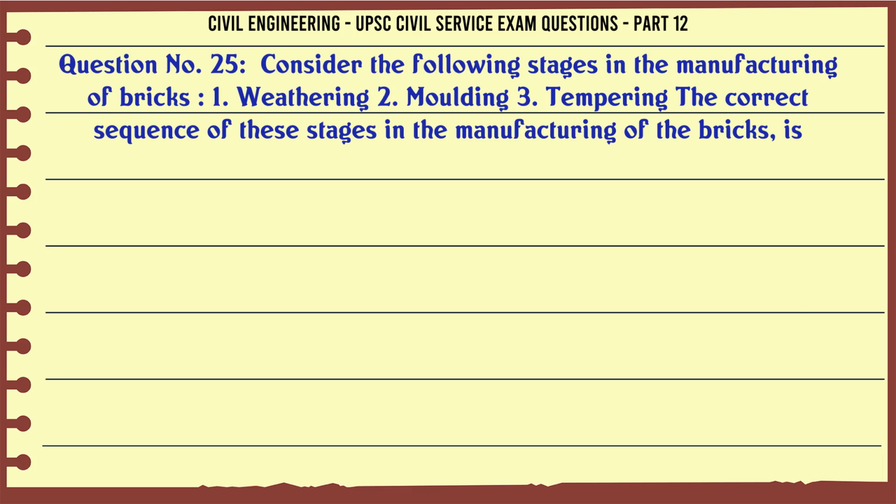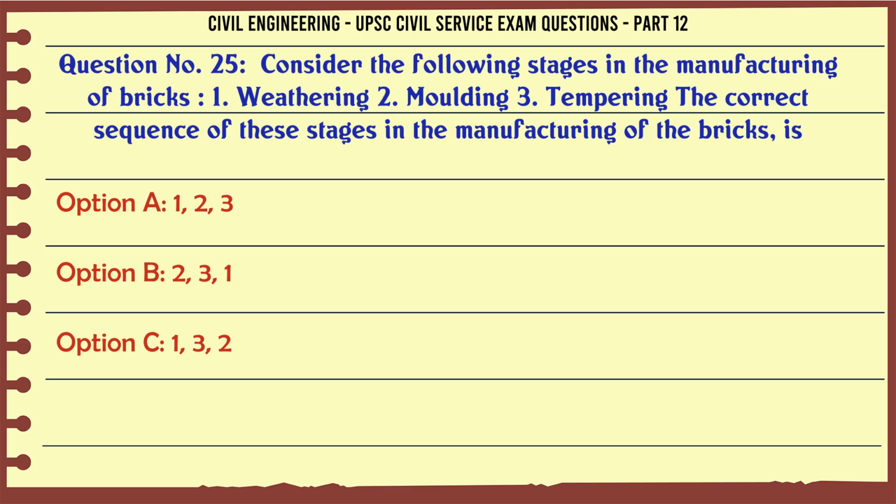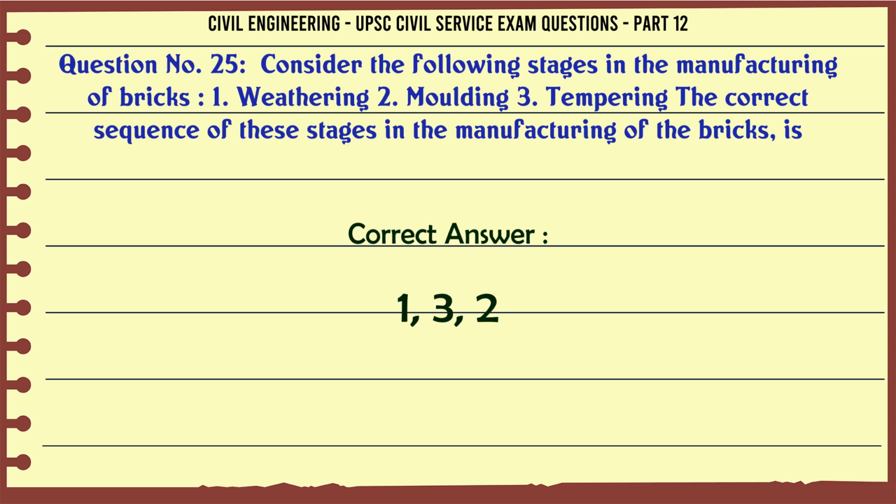Consider the following stages in the manufacturing of bricks. 1. Weathering. 2. Molding. 3. Tempering. The correct sequence of these stages in the manufacturing of bricks is: A. 1, 2, 3, B. 2, 3, 1, C. 1, 3, 2, D. 3, 2, 1. The correct answer is 1, 3, 2.